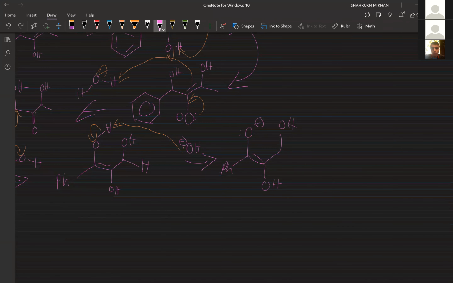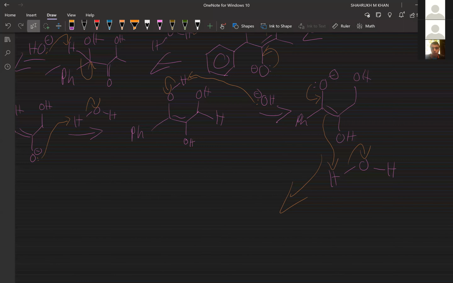And now, reformation, our carbonyl is going to kick in. It's going to get protonated from water. That's going to be our final step. So H2O. And there we go. Final product.